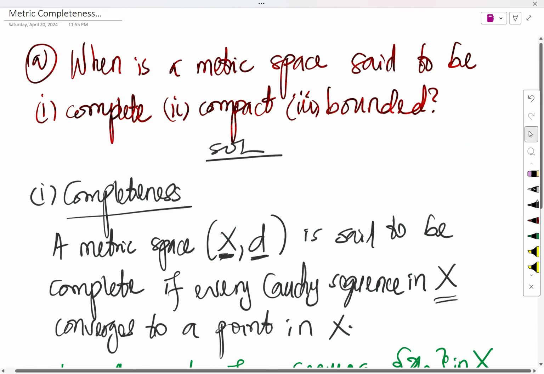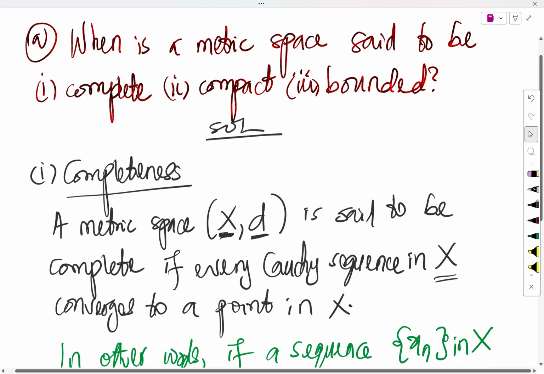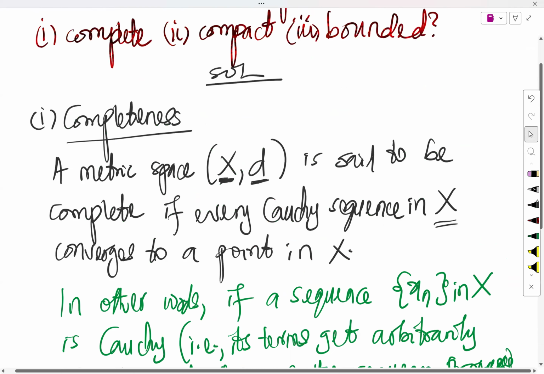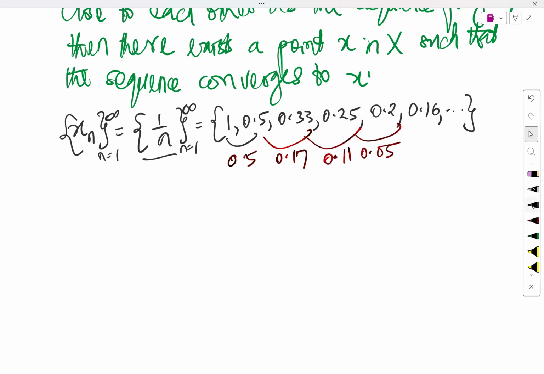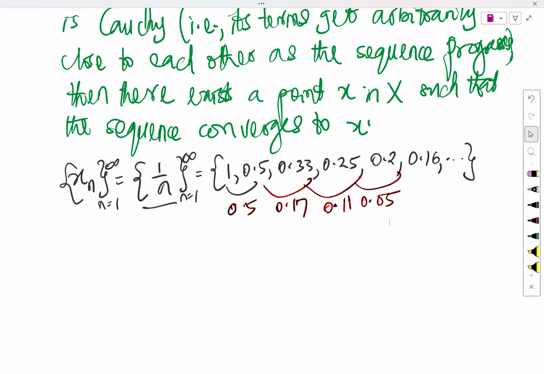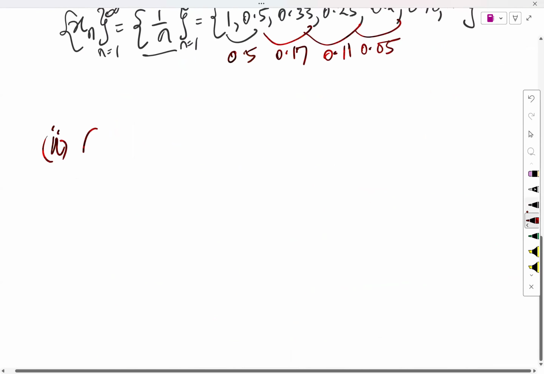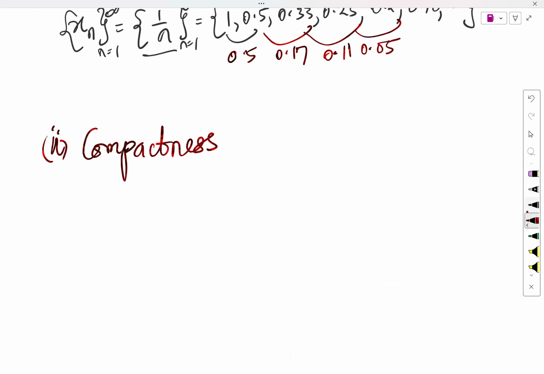So let's take the next one, which is about compactness. Roman numeral 2 is about compactness. So what do we say about compactness?